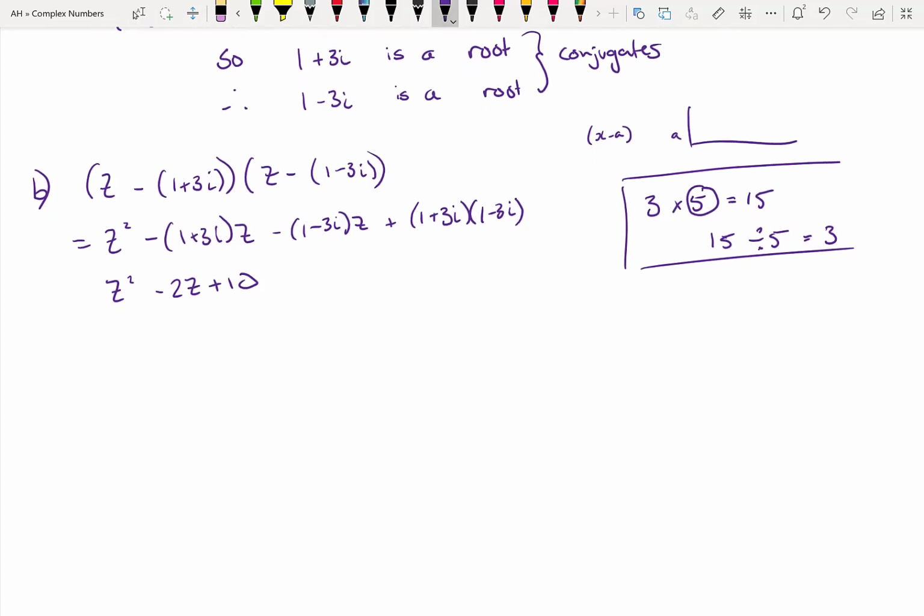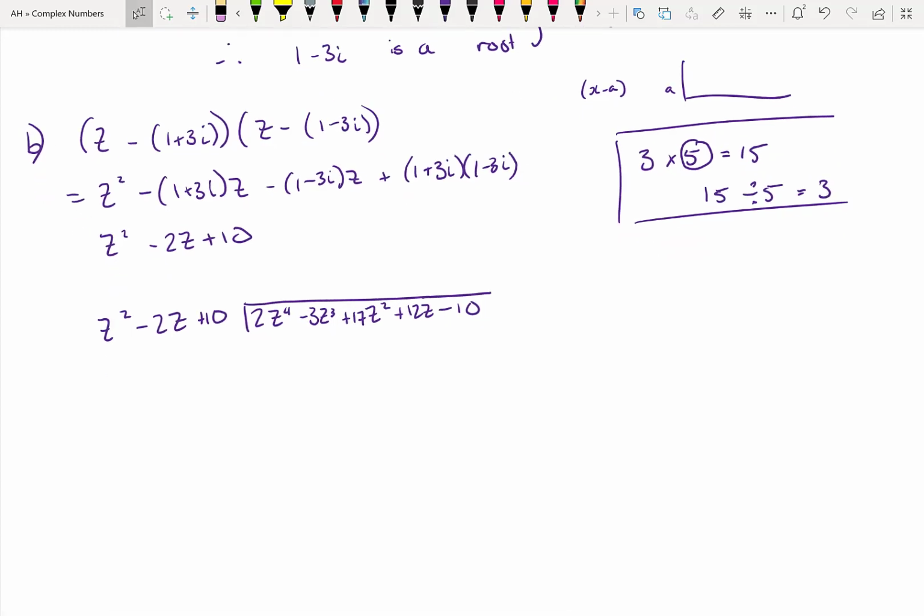So z squared minus 2z plus 10 is going into 2z to the 4 minus 3z cubed plus 17z squared plus 12z minus 10. First thing, we're always looking at the biggest power. How do I make that match that? I need to multiply it by 2z squared.